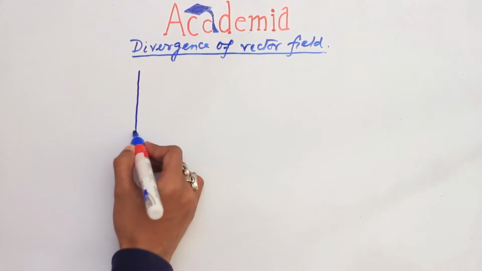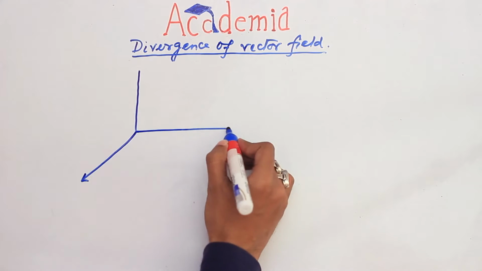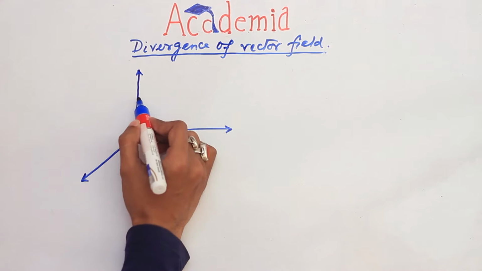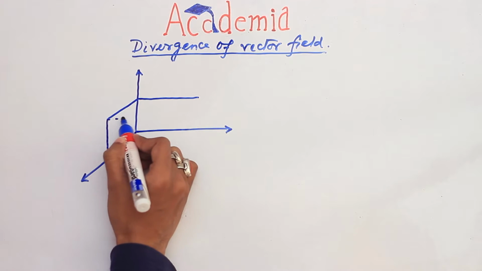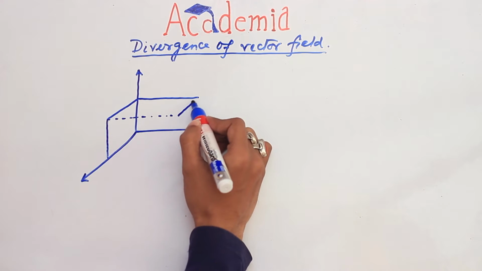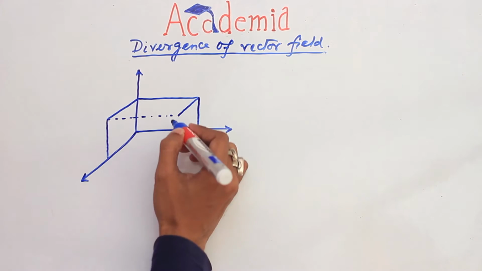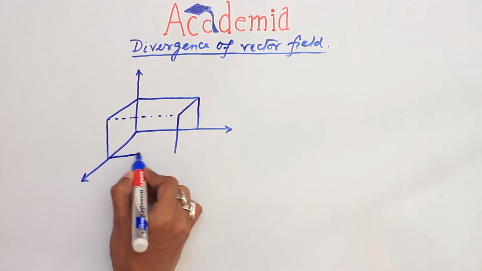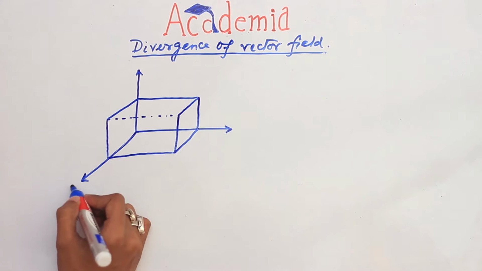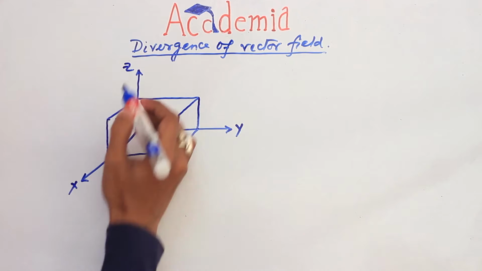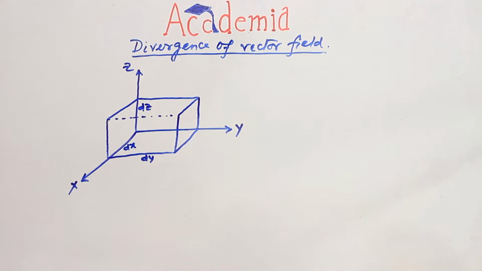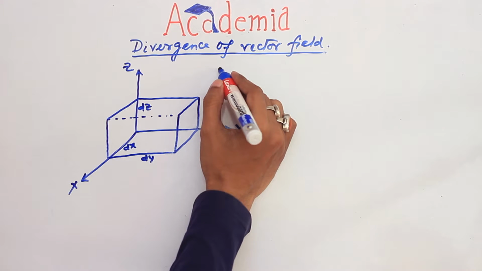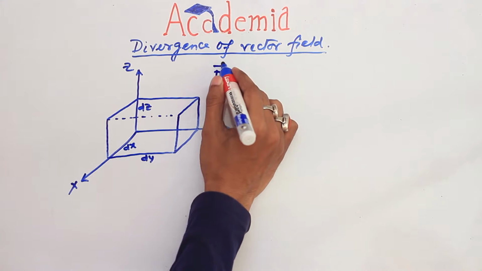Let's take a differential volume dV in 3D Cartesian coordinate system with sides of length dx, dy and dz. Let electric field D be a vector that flows through it.